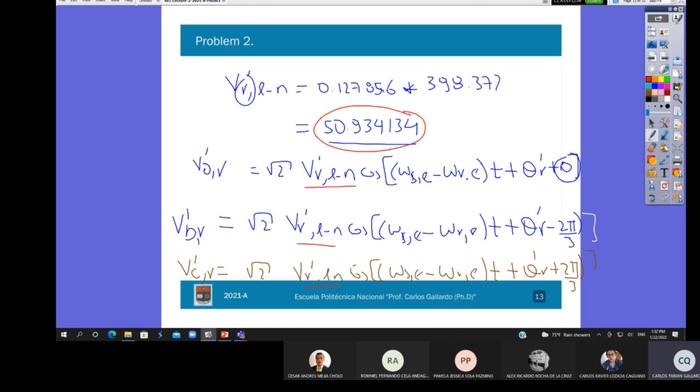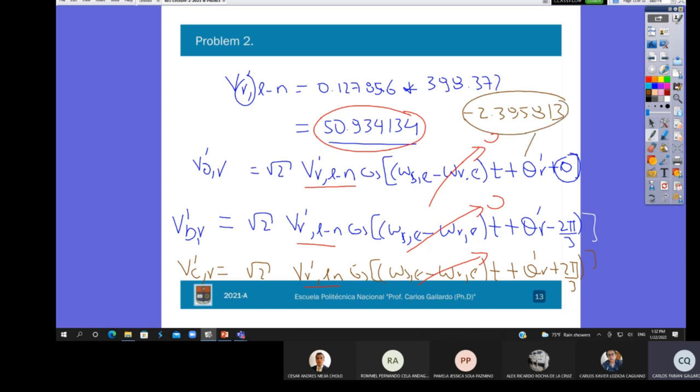Because I am analyzing the steady state condition, these terms become 0, equal to 0, and equal to 0. And from the previous calculation, theta r is negative 2.395813.